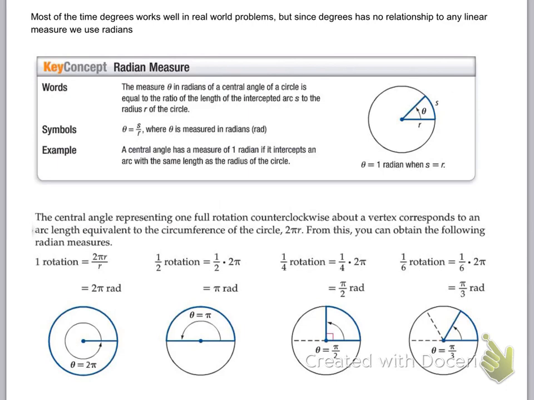So, most of the time, degrees work okay in the real world, but there are times the relationships are not going to work out very nicely or seamlessly. Degrees is something we made up. We decided, take a circle, divide it by 360, like I said. Radians, though, happen to be a pretty natural occurrence.